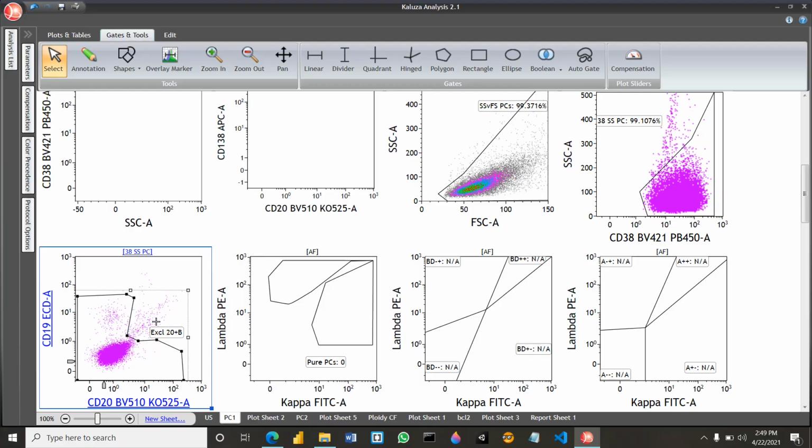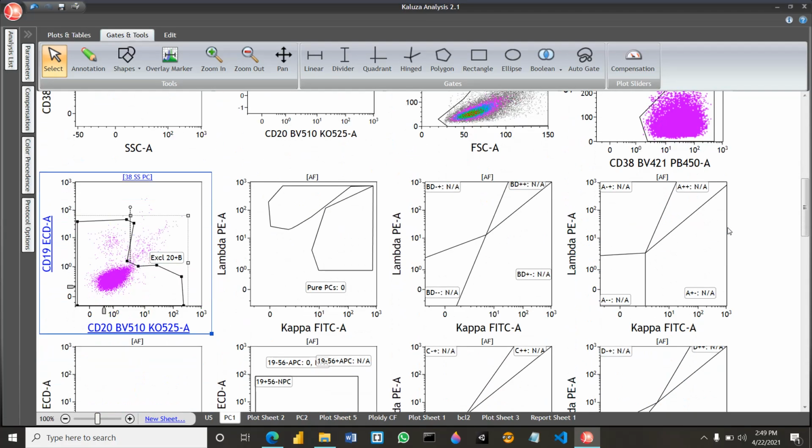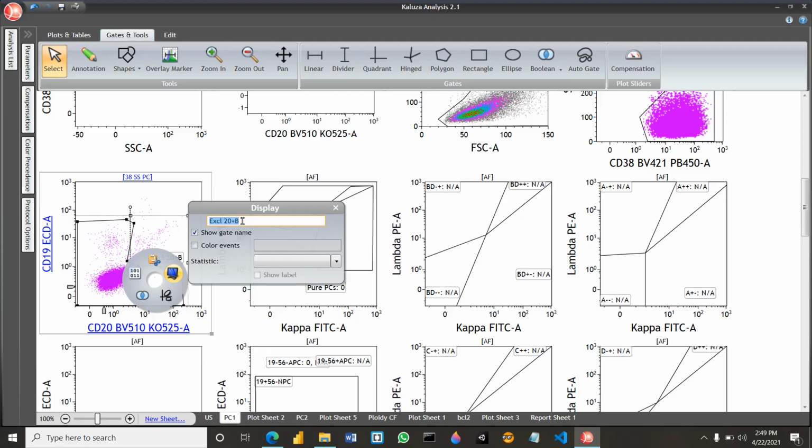So possibly this is just a few degenerating or junk cells going diagonally, binding to both 19 and 20. So we have excluded the population with very high side scatter here. We have also excluded the population with both 19 and 20 positive, and then we have included the pure population of plasma cells. So we can call it clean plasma cells.